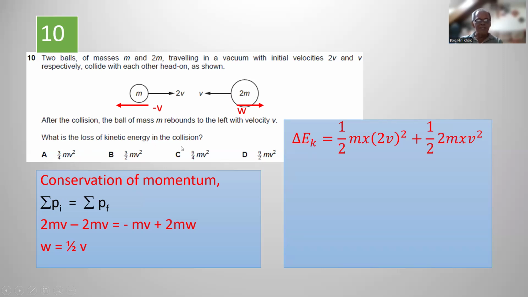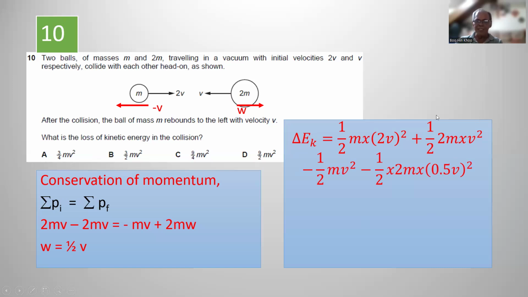What is the loss of kinetic energy in the collision? Well, let's calculate the initial kinetic energy before collision. Half m times 2v squared, plus half 2m times v squared. Kinetic energy is a scalar, so we don't worry about direction.